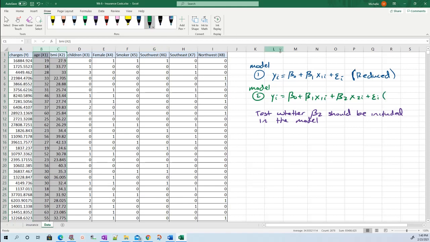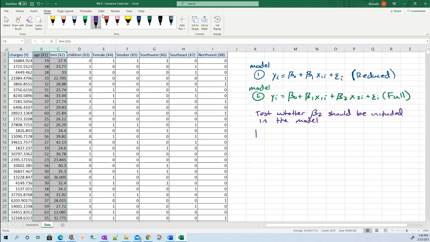What we're trying to test is, the only difference between these two models is that this one has beta 2 and this one does not. So we want to test whether beta 2 should be included in this model.